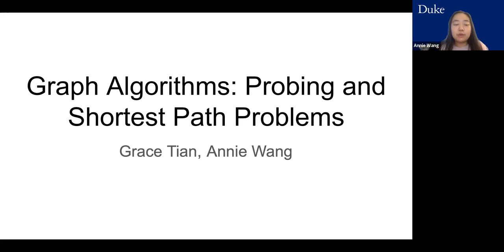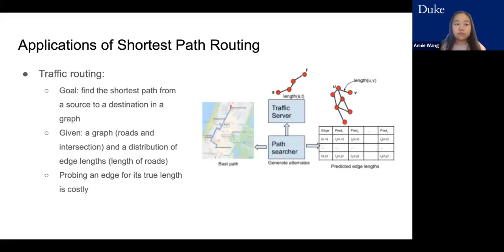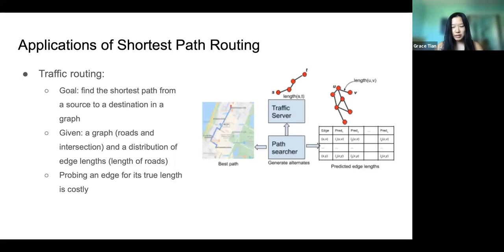And this summer we worked on graph algorithms, and specifically probing and shortest path algorithms. One application of shortest path routing is in traffic. Applications such as Google Maps use shortest path routing to figure out how to get from your starting point to your destination in the shortest amount of distance possible.